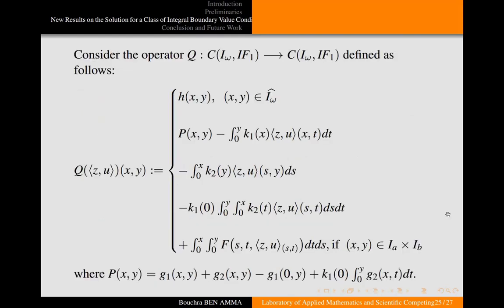To prove this result, it is clear that the solution of our model is a fixed point of the following operator defined here. We will prove that this operator is a contraction, and by using the Banach fixed point theorem, we can find a unique fixed point, which is the intuitionistic fuzzy solution to our model.